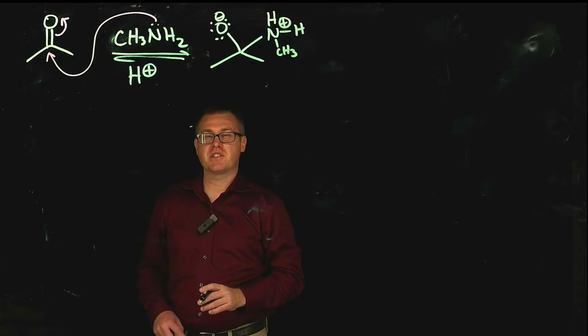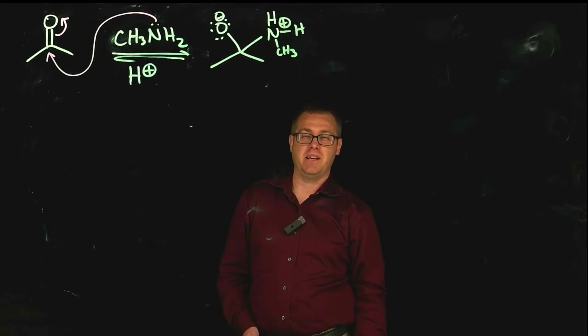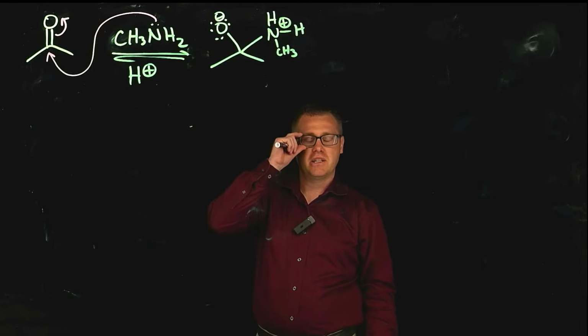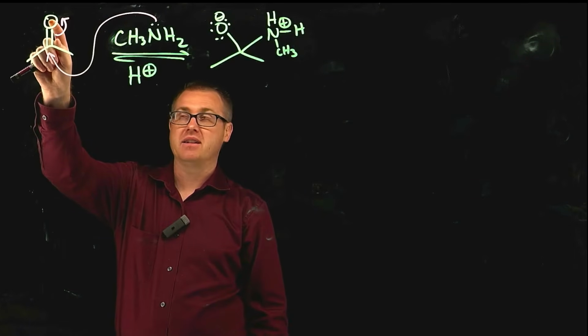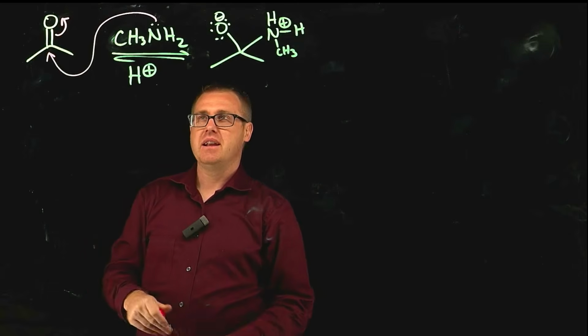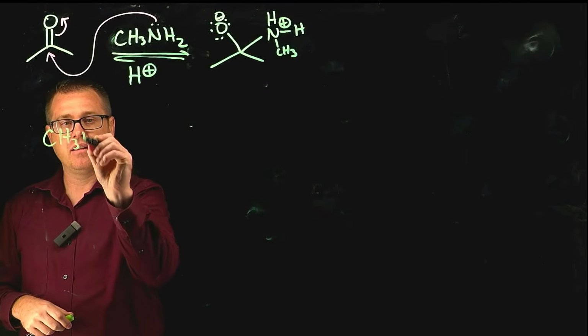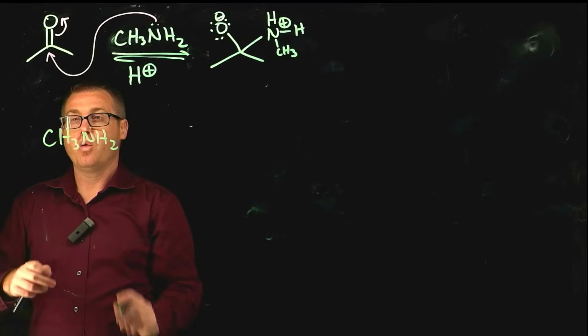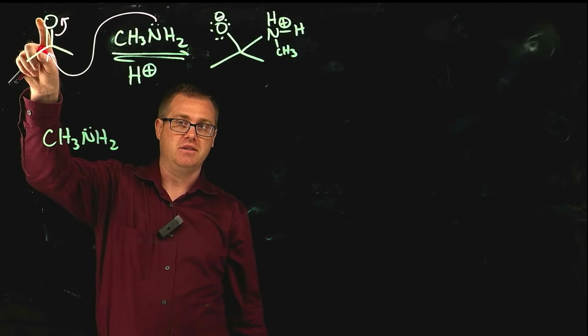That is our first step, which is different than the acetal formation. So the question is why? Why are we not protonating that oxygen first? It all comes down to the fact that you have a primary amine, which is more basic than the carbonyl oxygen.